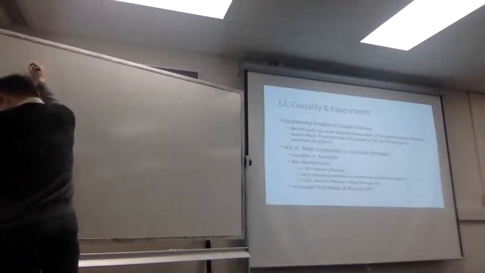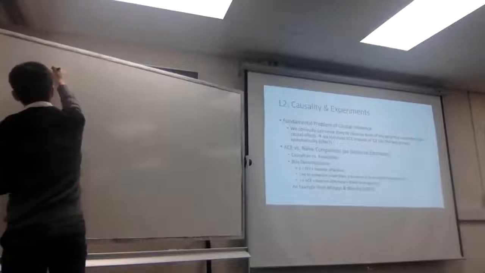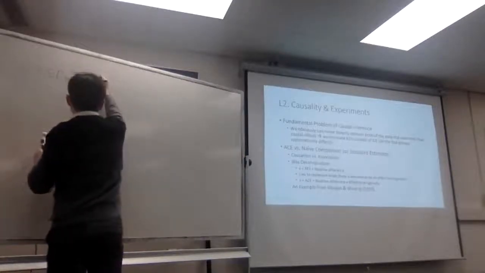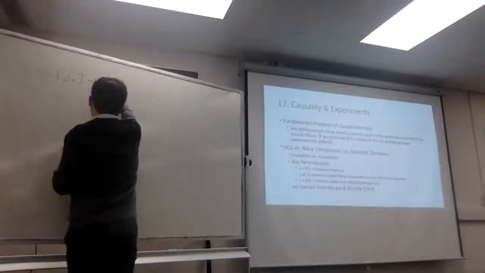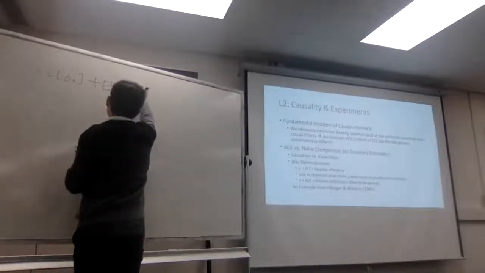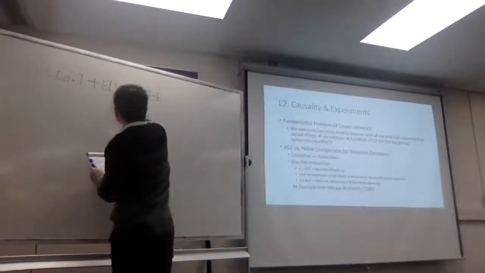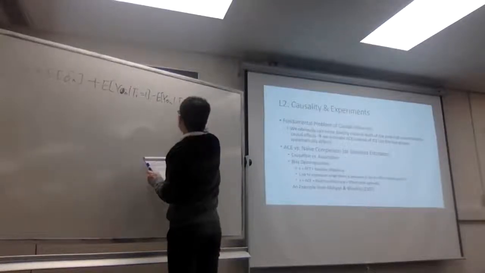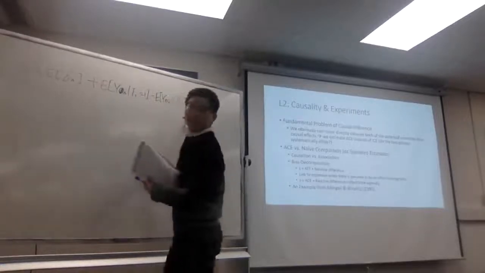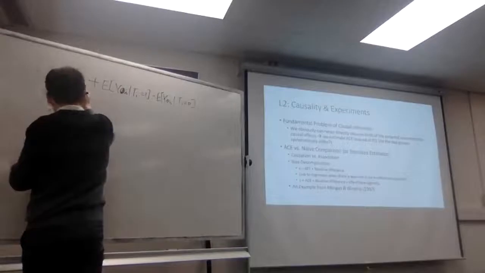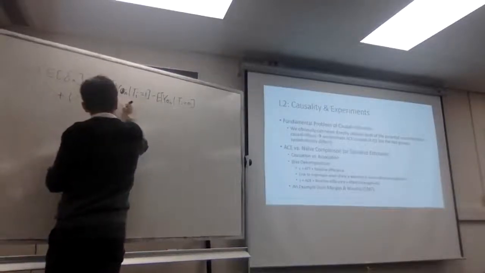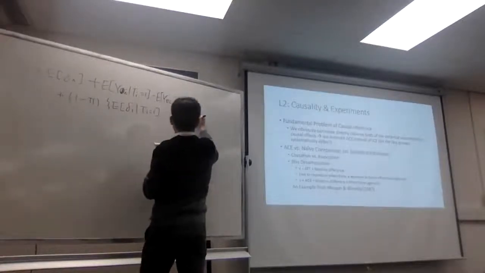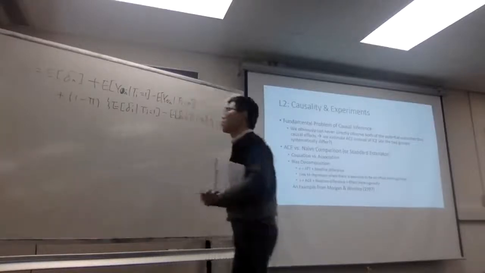So basically, S here is decomposed into ATT plus the baseline difference plus (1 minus pi) times delta.